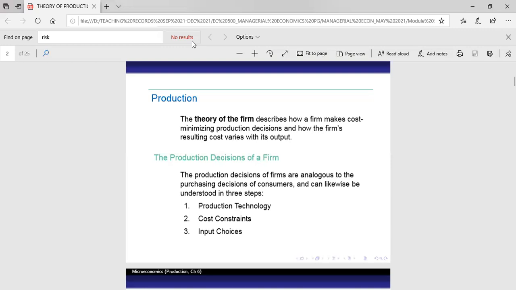So these two work together, production and costs, and you are going to realize that they are related in one way or the other. So the theory of the farm describes how these farms make cost minimization production decisions, and how the farms' resulting costs vary with their output, right?